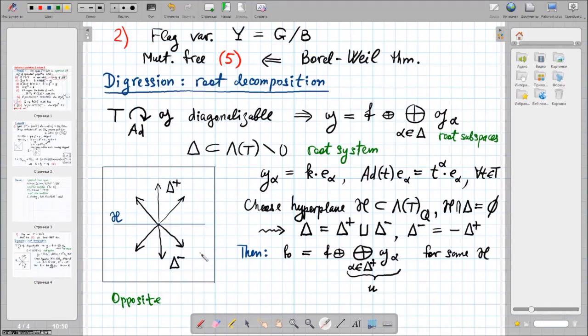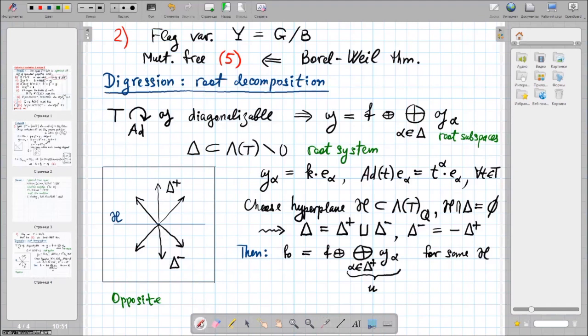So in the decomposition of G, you take all roots, and in the decomposition of B, you take only half of the root system, only positive roots. This is a smaller sum than this one. This sum is 1/2 of this sum. Okay, let's go ahead.